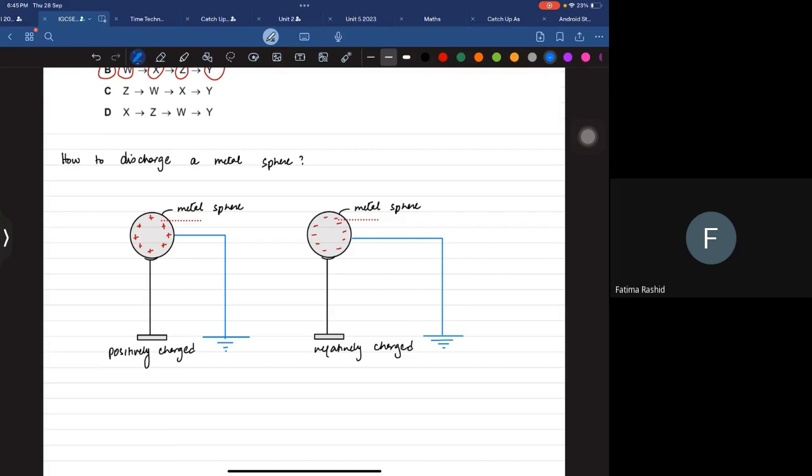Yes, please. Sir, the earth wire will neutralize the metal sphere. No, but then we have to also write what happens. How will it neutralize it? Can somebody please tell me that?